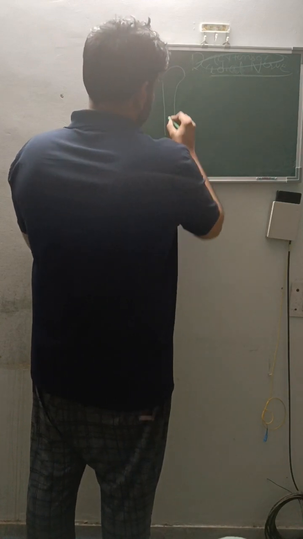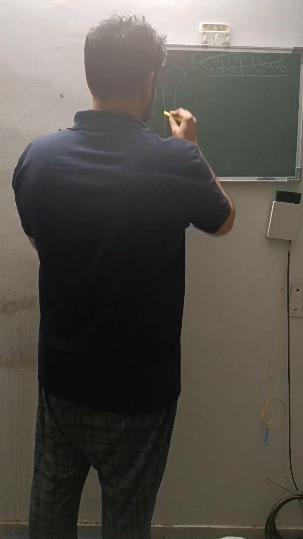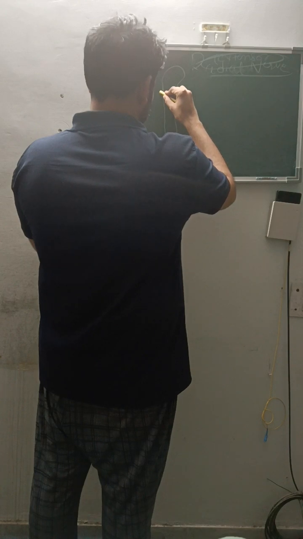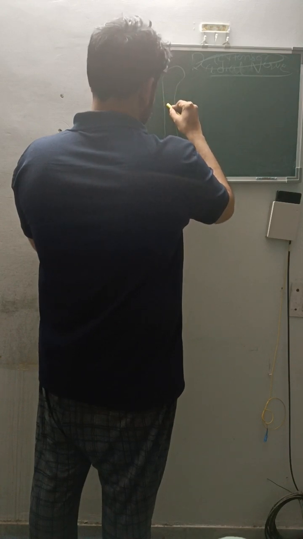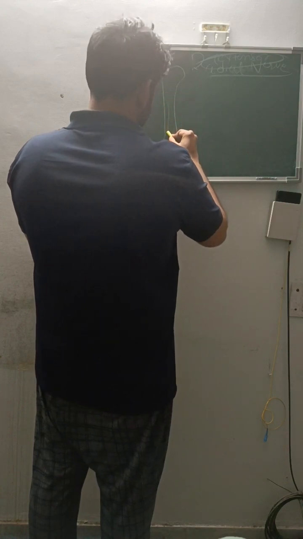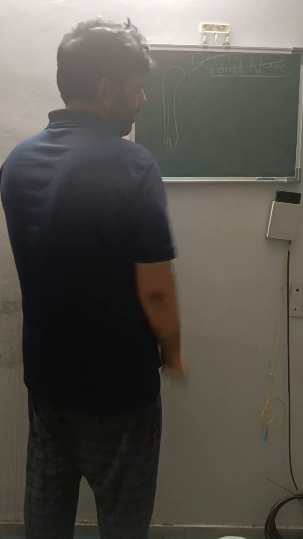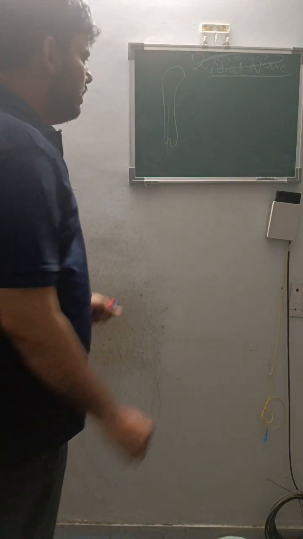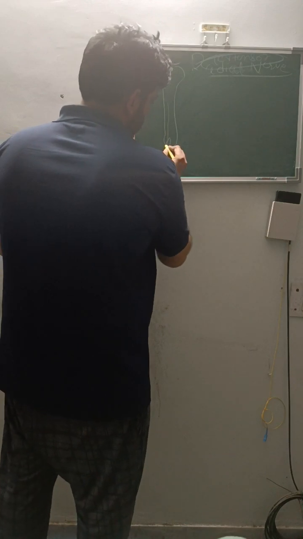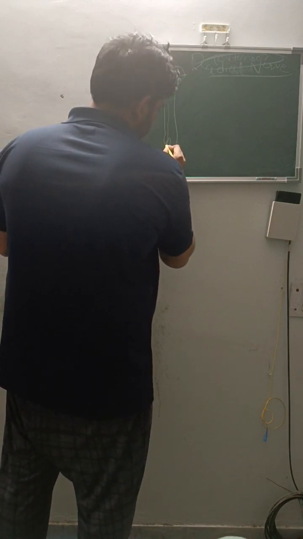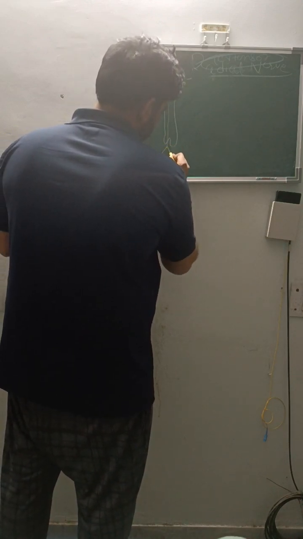So after this, the nerve is coming like this, here in front of that, then after coming into the forearm, it divides here in the cubital fossa into two branches.